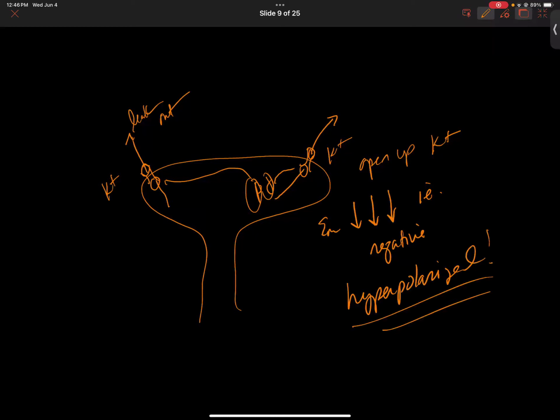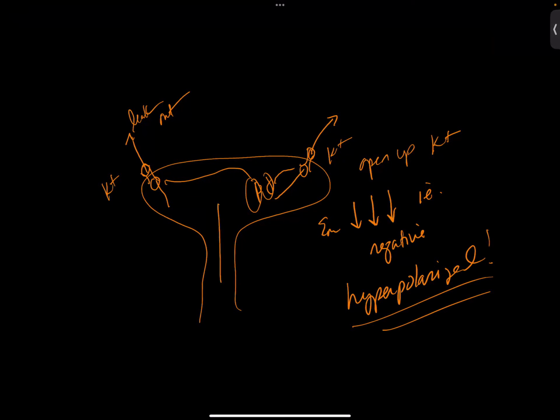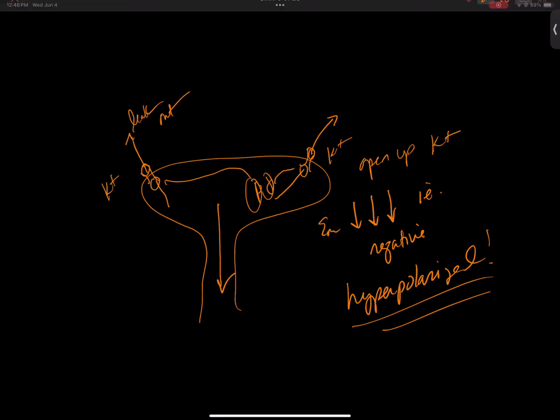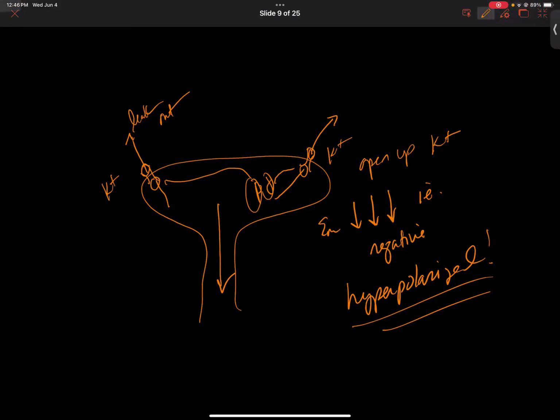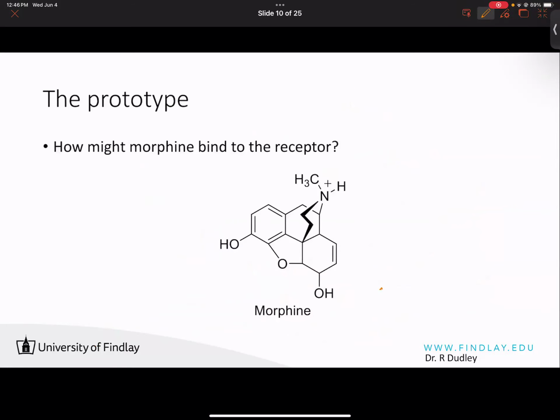We are going to hyperpolarize that postsynaptic membrane. And it's going to be very difficult then for an action potential to get generated and propagate to send a pain transmission or a pain signal. Okay? All right, so all of that is secondary to morphine binding to an opioid receptor.